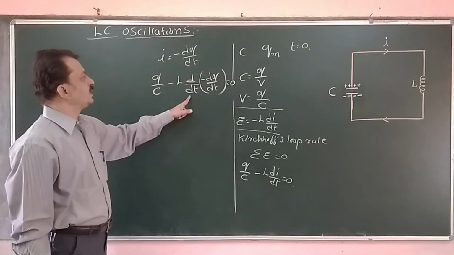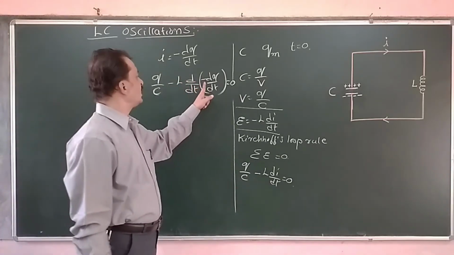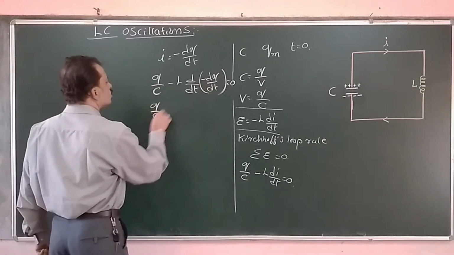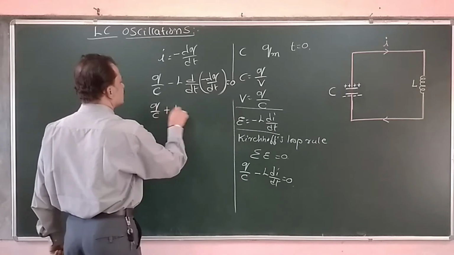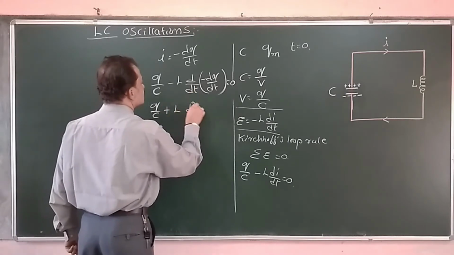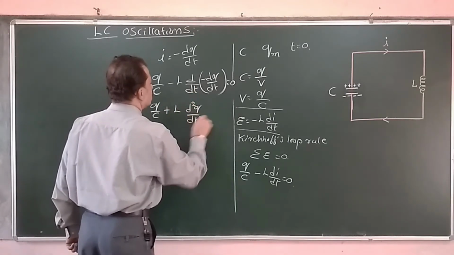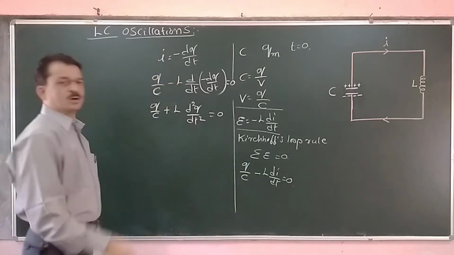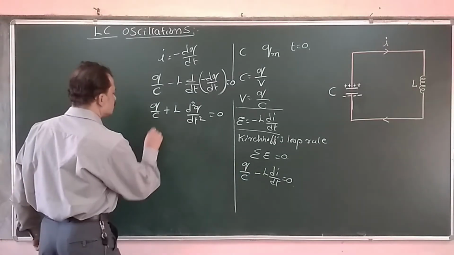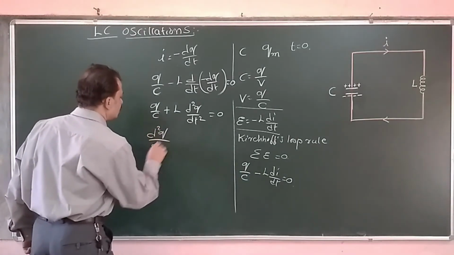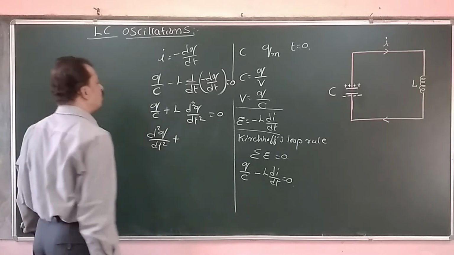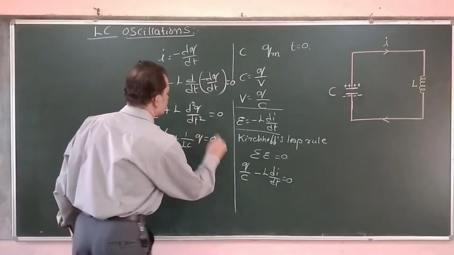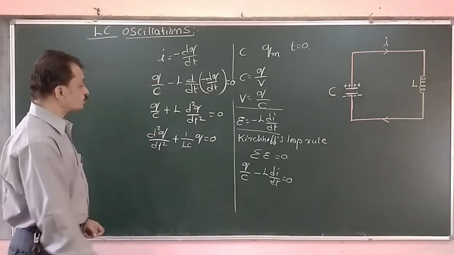So this becomes q by c plus L into the second order derivative d2q by dt square, equal to 0. Or if I rearrange the terms, d2q by dt square plus 1 upon LC into Q is equal to 0.